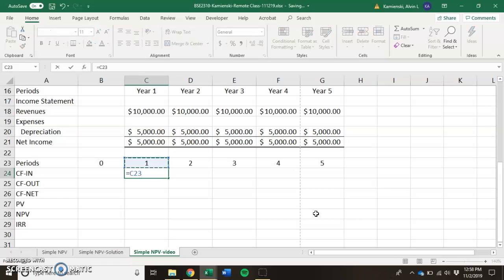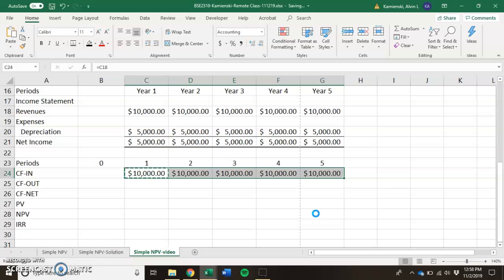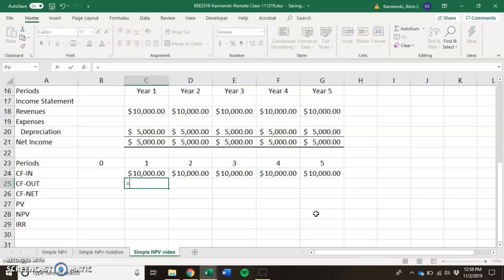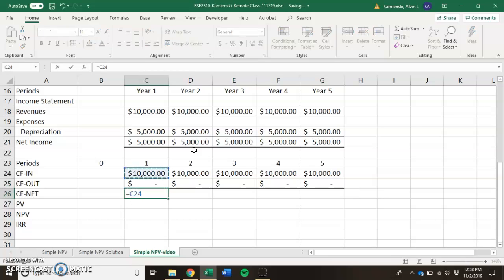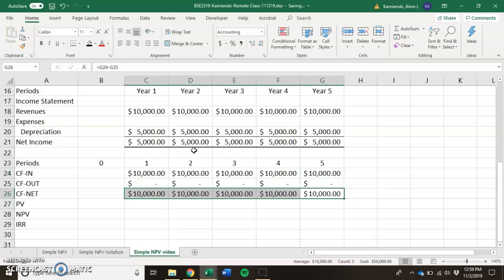Cash flows in are always going to be equal to revenues. Cash flows out would be equal to any cash expenses, but we don't have any actual cash expenses. Depreciation is a non-cash expense item, so we can just indicate that there's 0 cash flows out, thereby cash flows net, equaling in minus out, tells us that the net effect is really $10,000 in cash flows net every year.